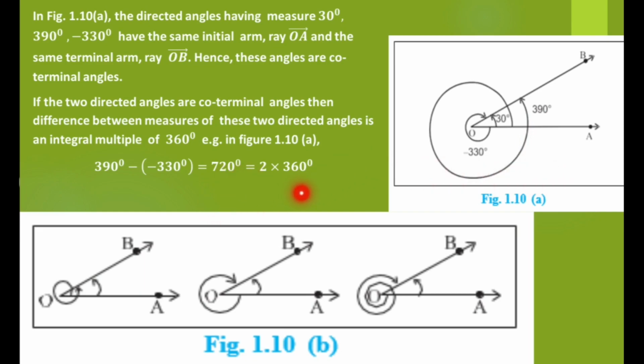This 720 we write as 2 into 360, which is a multiple of 360. So you have to remember this property. In the next part we will see the next topic.